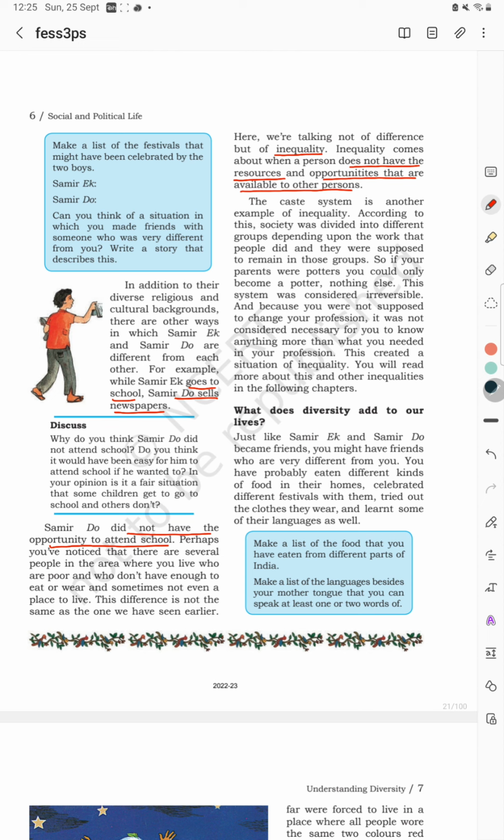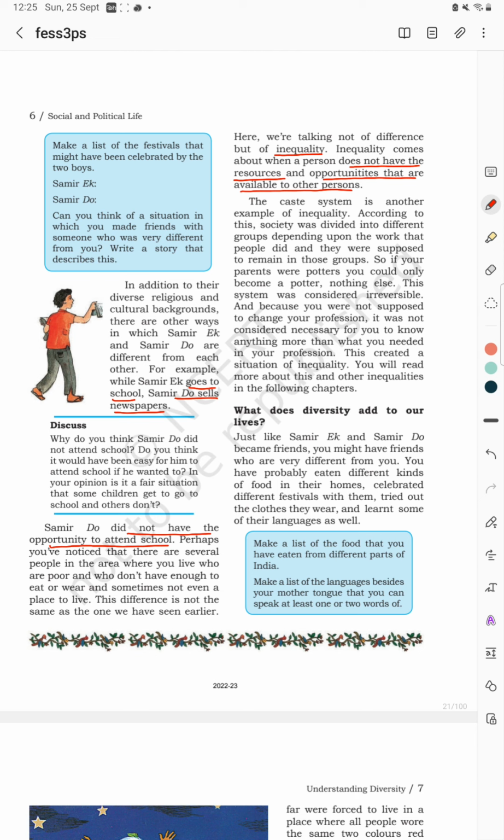Like Sameer Ek has the opportunity to go to school, and he also had the resources for the same. But on the other hand, Sameer Do, who sells newspaper, did not have the opportunity or resources to go to school. So this is inequality.